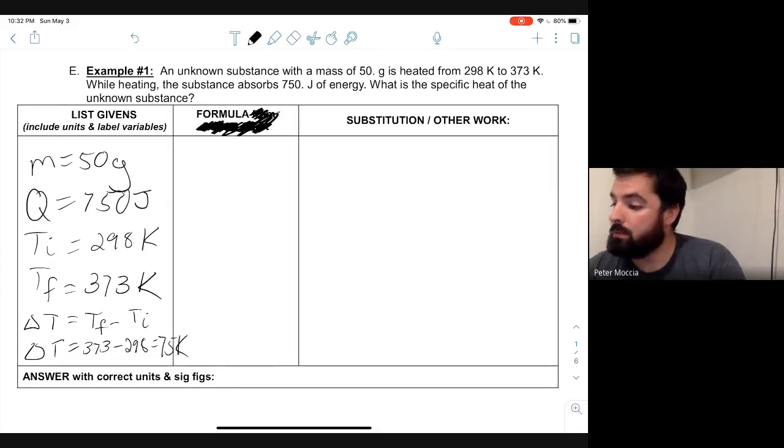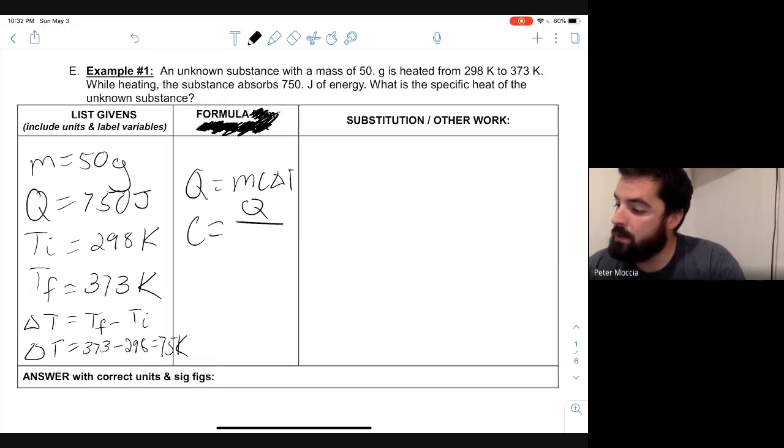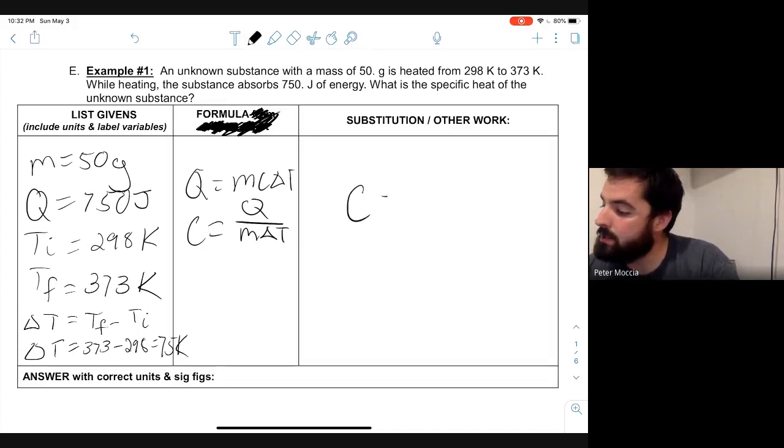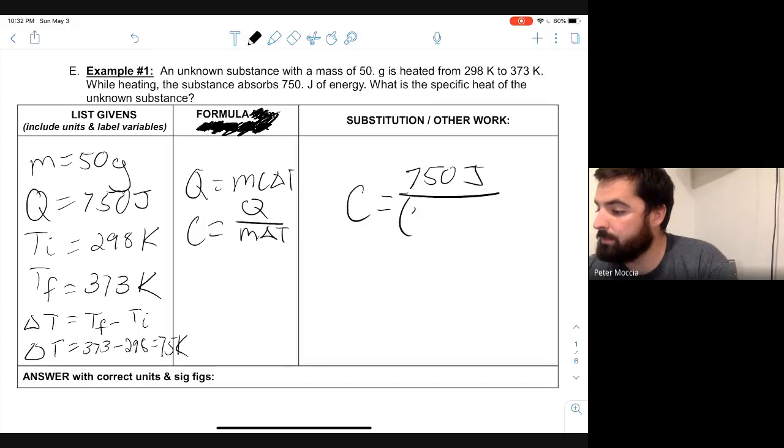Okay, the formula is Q equals mc delta T, and C is going to equal Q divided by m delta T. So then C is going to equal 750 joules divided by 50 grams times 75 kelvins.